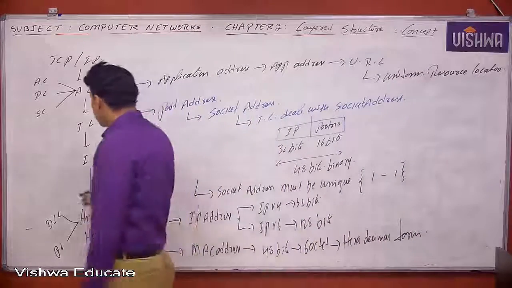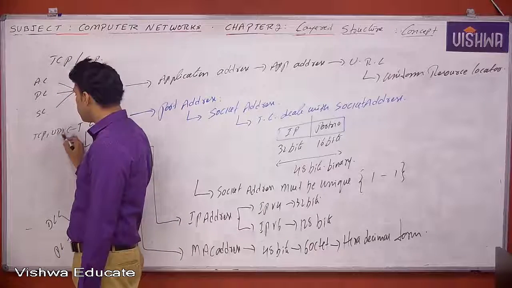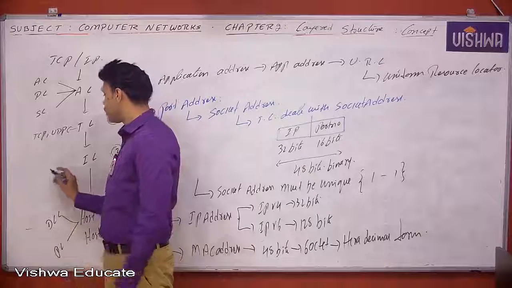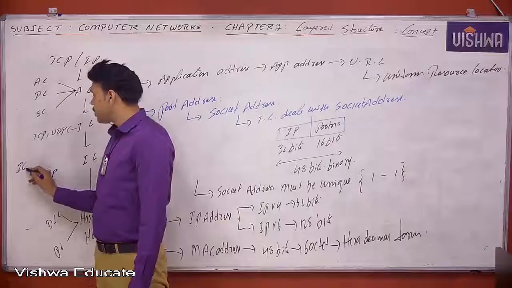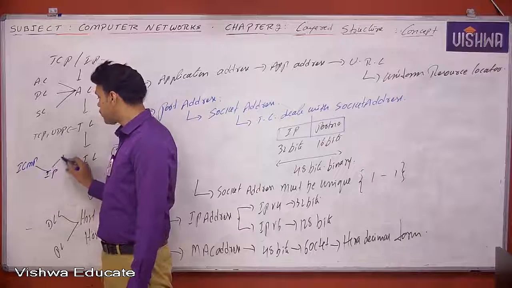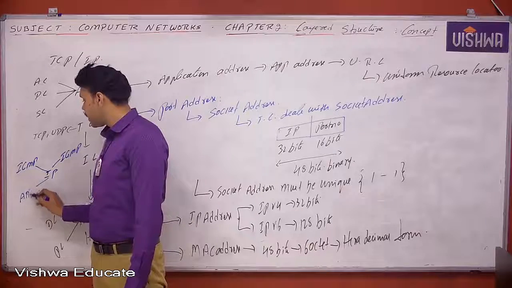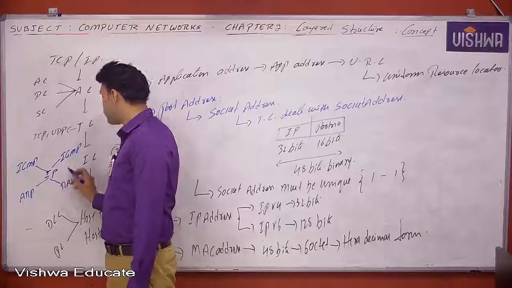And when you talk about the transport layer, it has TCP and UDP. When you talk about the internet layer, it has Internet Protocol, ICMP, IGMP, ARP, Address Resolution Protocol, RARP.